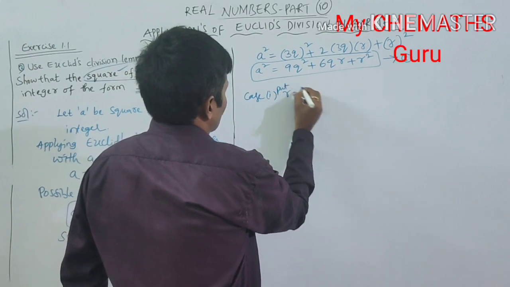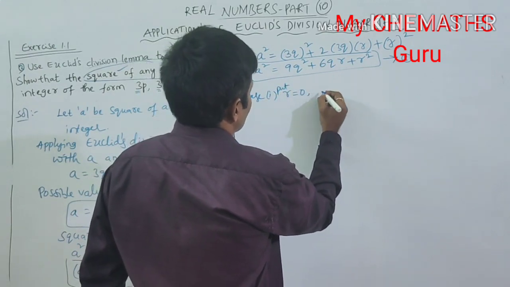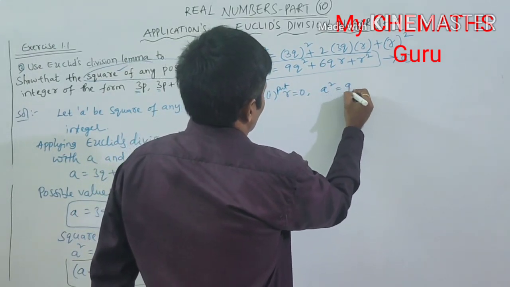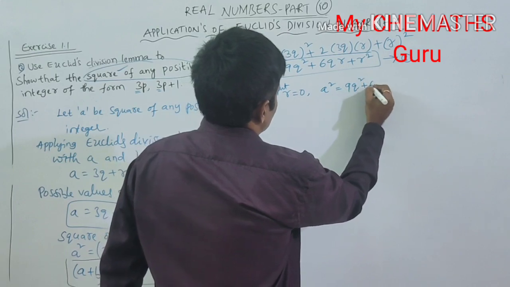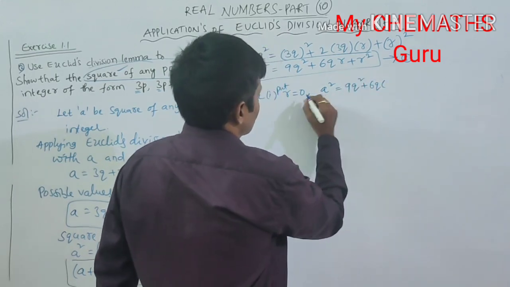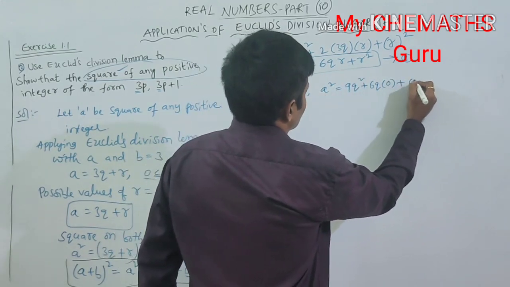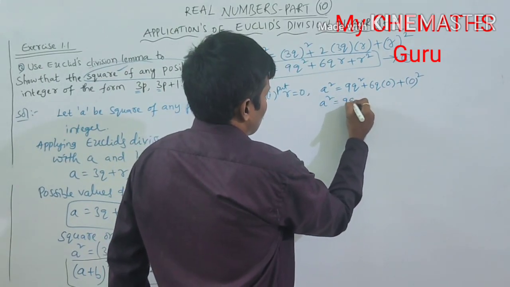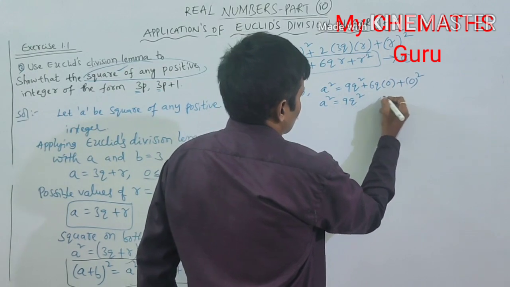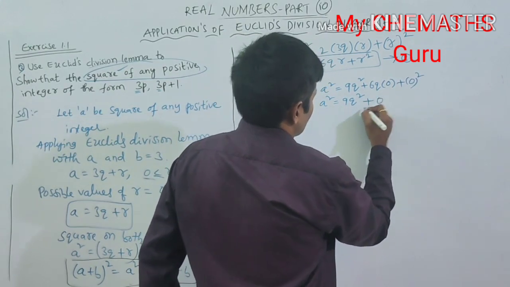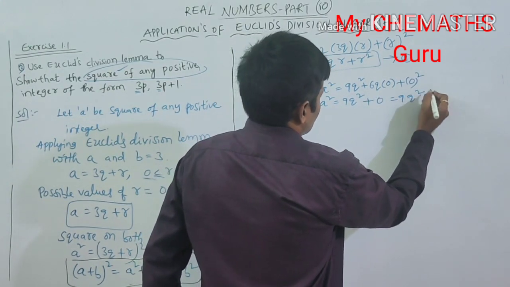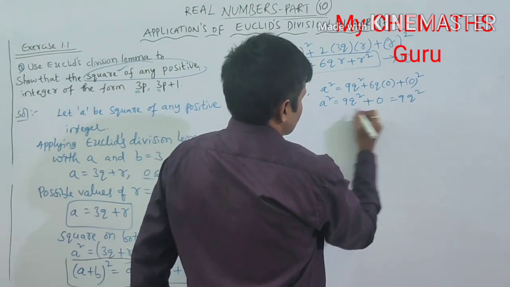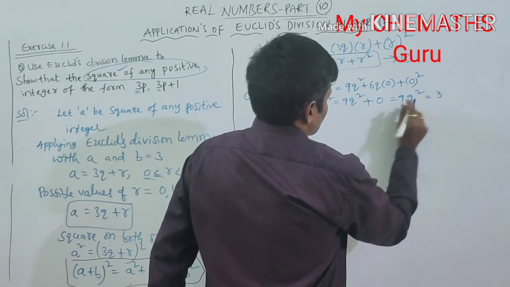Now checking in case 1, r = 0. Put r = 0 in 1. Then a² = 9q² + 6q into 0 + 0². That means a² = 9q², and this total vanishes. This 9q² can be written as a multiple of 3.